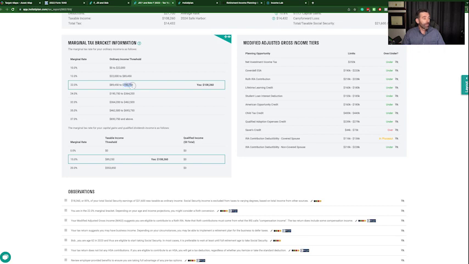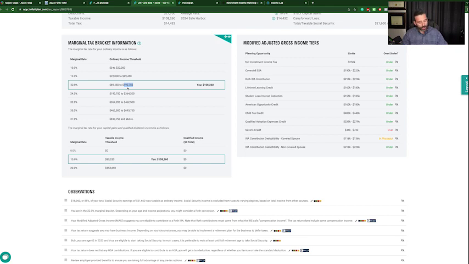So we can see here, we have a lot of room left in the 22% bracket, a lot of room here. So there's a lot here that we can do if we want to optimize for the 22% bracket. If we want to optimize for the 12% bracket, then there's a little bit less we can do, but there's still some things we can definitely do. And one thing that we want to think about is, hey, you know what?